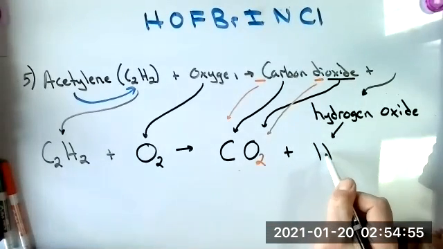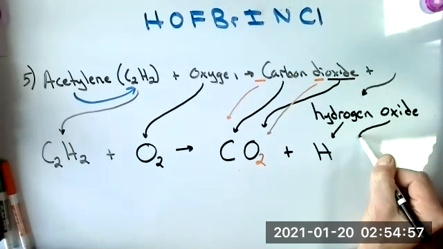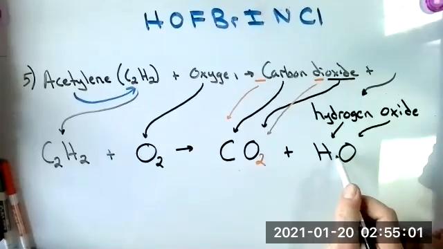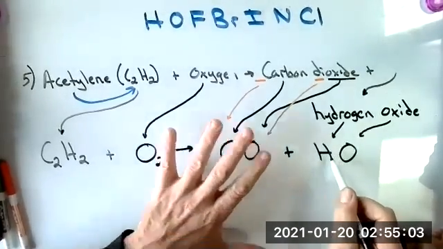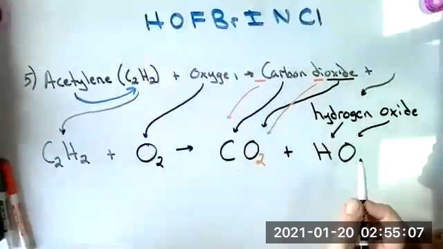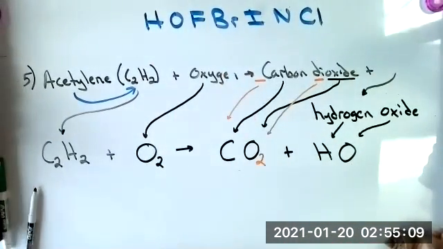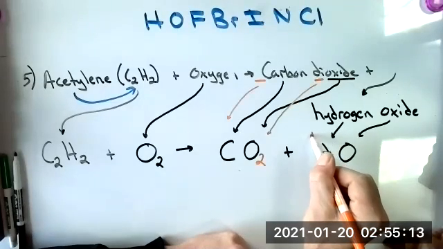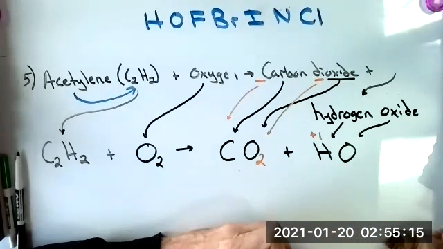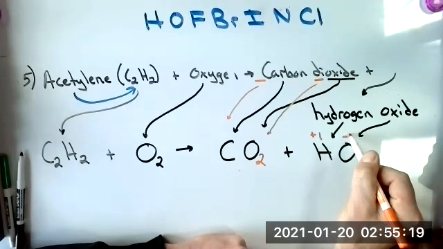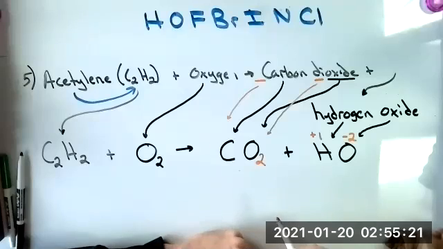Now, take a look, watch this. Hydrogen. Oxygen. No, they're not alone, so I don't have to worry about Hofbrinkels. What I'm going to do is use oxidation numbers. You look up hydrogen, there's only one possible positive number. You look up oxygen, there's only one negative option available.